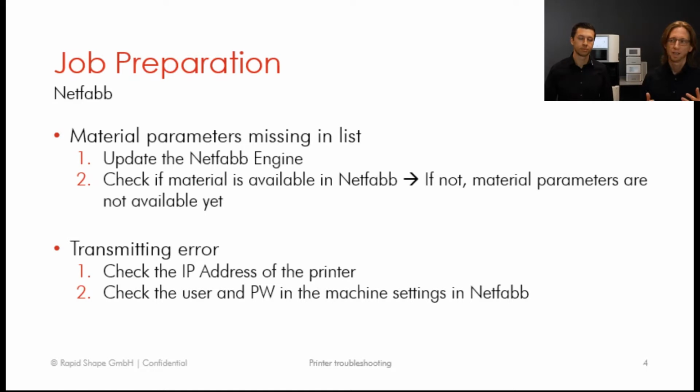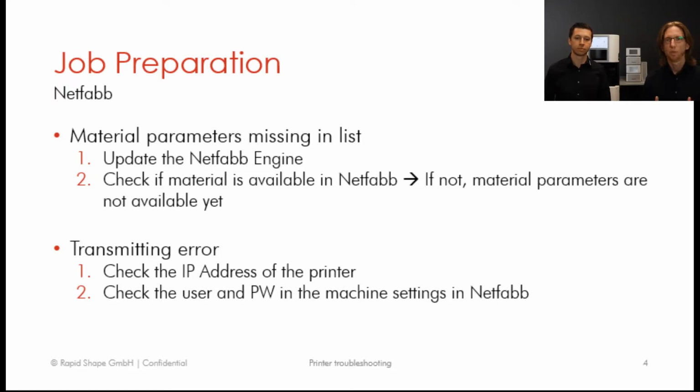And as a general hint, before you order a bottle for your printer, you should always cross-check the complete name on the bottle, whether it is in the material list, yes or no. Where to find the material list? I think we already covered this quite a lot in previous webinars. You find it in NetFab in the material settings.